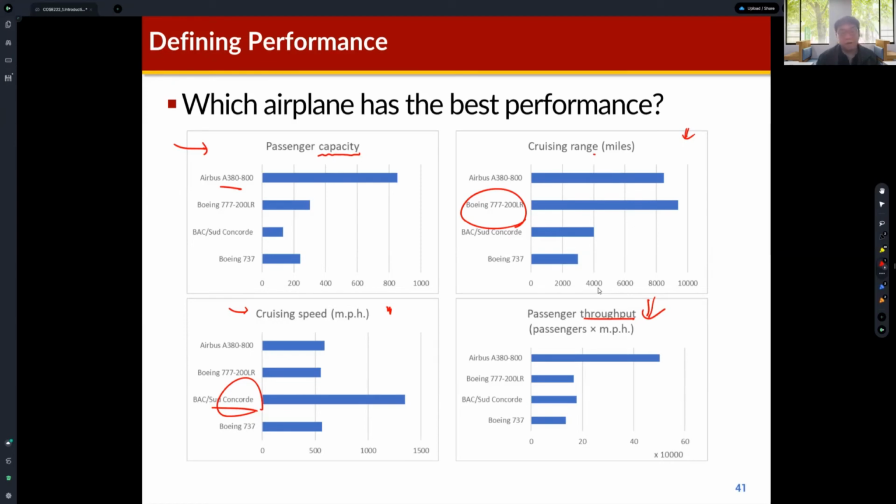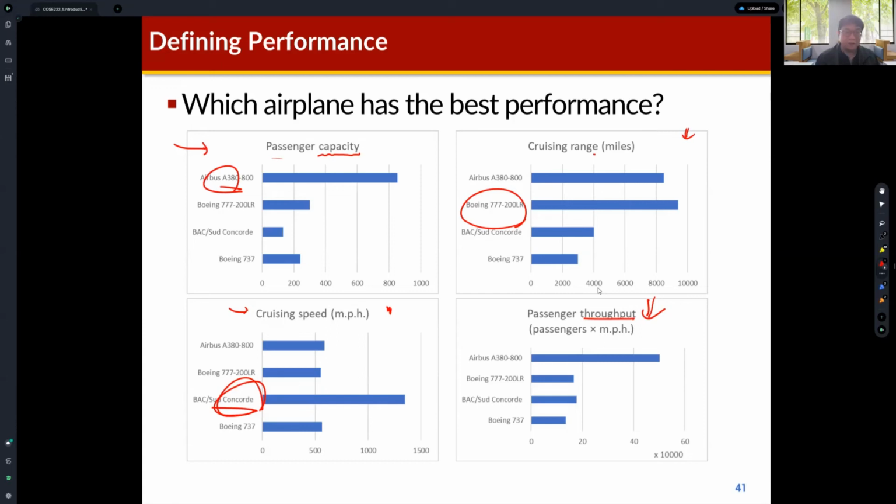Understand? If we just focus on passenger capacity, the best is Airbus; about speed, it's Concorde. Then how can you select the airplane if you are a CEO of an aviation company? Which airplane will you purchase?